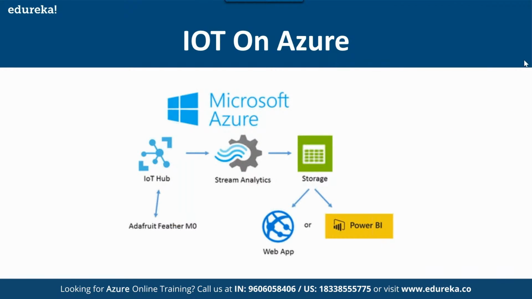With the help of IoT, which is one of the components in Azure, I can combine all those kinds of features and use them directly. I don't have to worry about all other kinds of things. So I hope you got a clear understanding of IoT, wherein you combine different technologies to build one solution instead of having multiple solutions, if I have to conclude it as your IoT term.